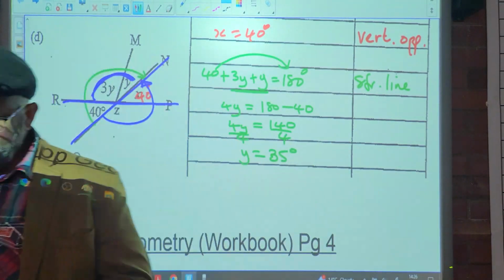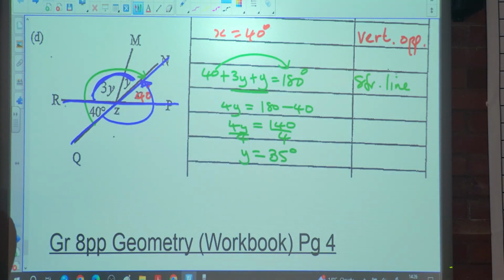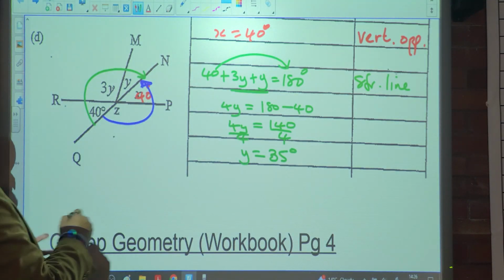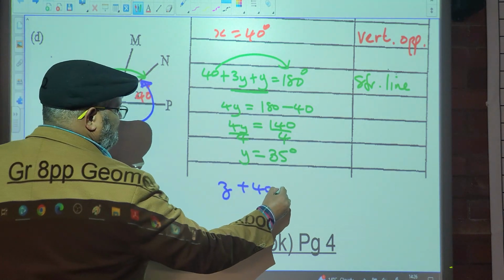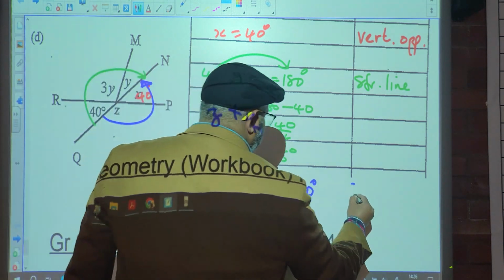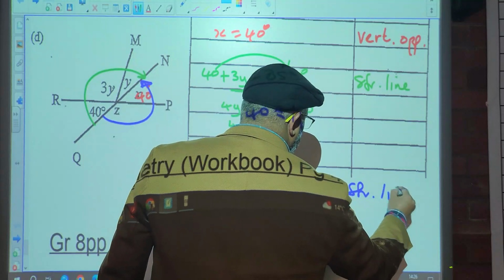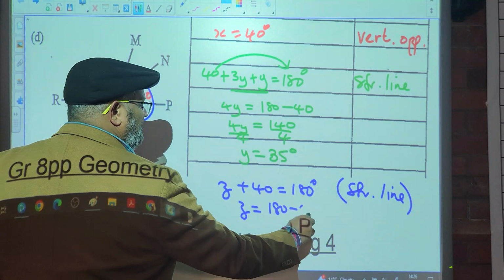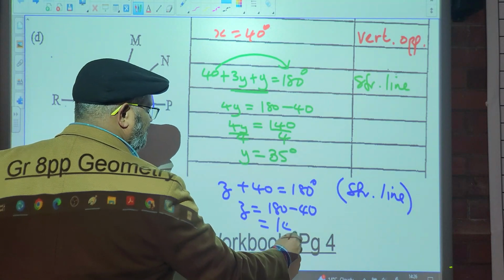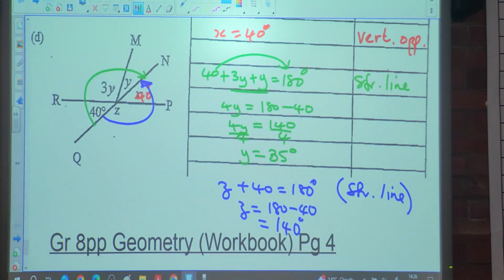You see that, people? Many ways of calculating that story, but I think that's the simplest of it. z plus 40 is equal to 180, straight line. Okay, so z is equal to 180 minus 40, which is 140 degrees.